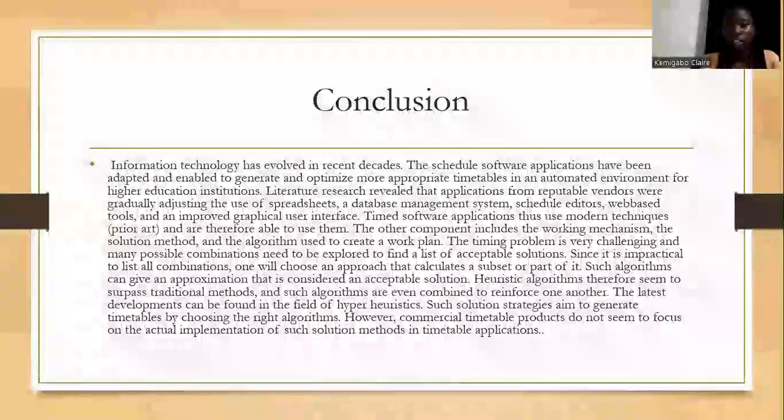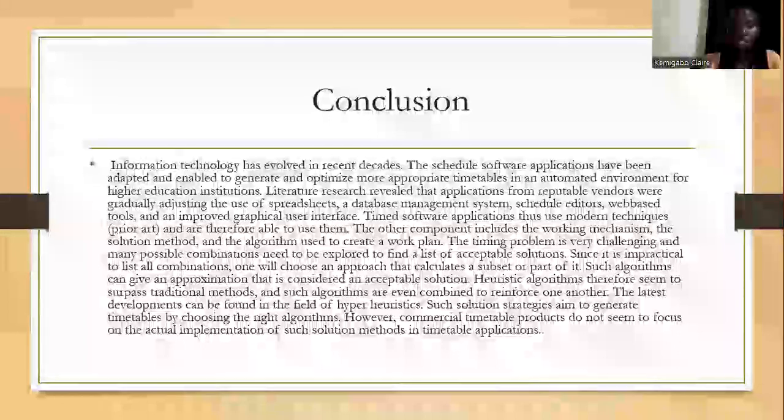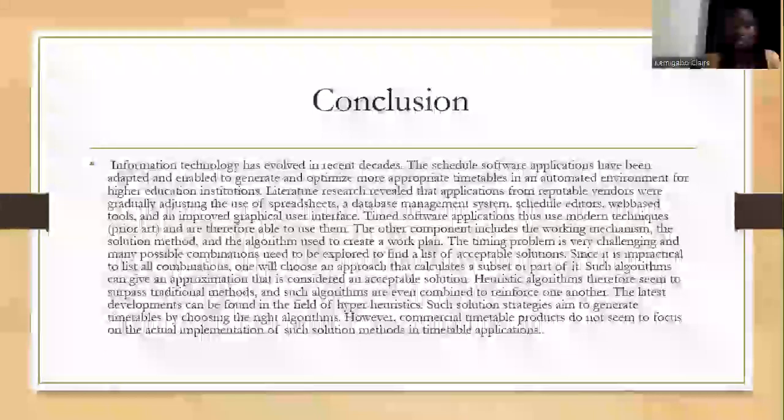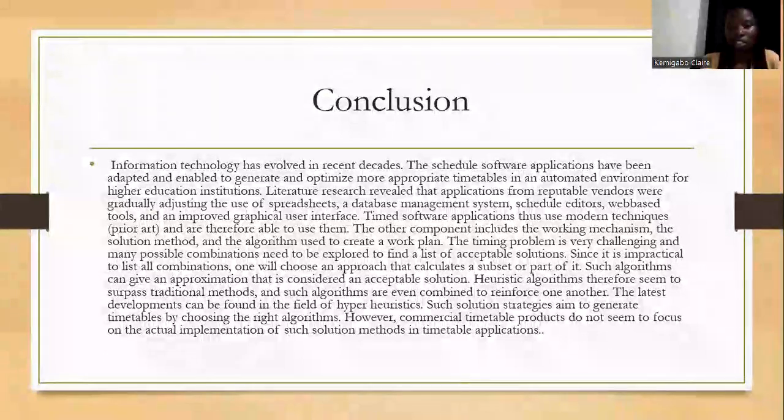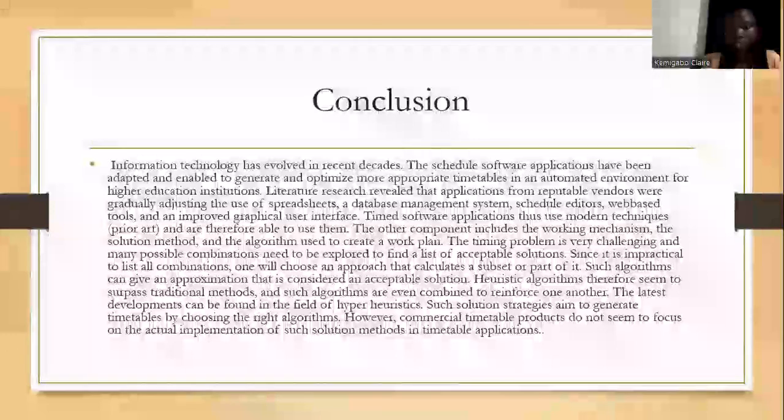Literature research revealed that applications from reputable vendors were gradually adjusting to the use of spreadsheets. As I told you, manually they used to do paperwork, spreadsheets, databases. So the vendors have gradually adjusted to the use of spreadsheets and database management. Others use software in order to ease the work, so that it is flexible.